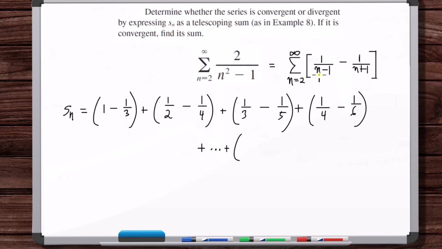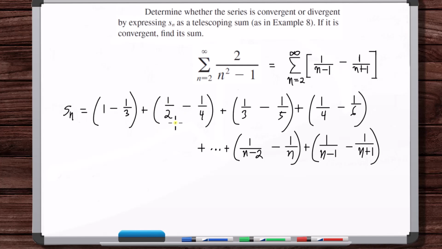So n minus 1 is n minus 2, n minus 1 plus 1, okay, and then the nth term. Right, so I just put n minus 1 into here. n minus 1 is n minus 2, n minus 1 plus 1 is n. All right, so, okay, again, this is S of n. This is not the infinite sum. This is just the partial sum.